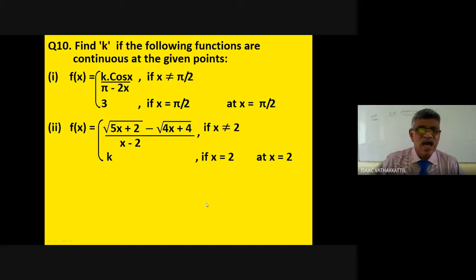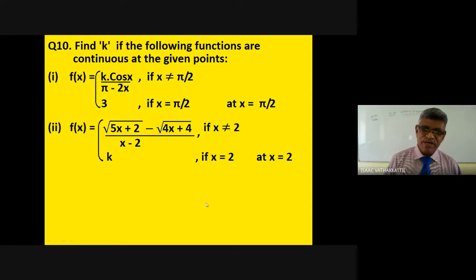First one is f(x) equal to k cos x upon (pi minus 2x) when x is not equal to pi by 2, and that is 3 if x equal to pi by 2. If this is continuous at x equal to pi by 2, what will be the value of k?